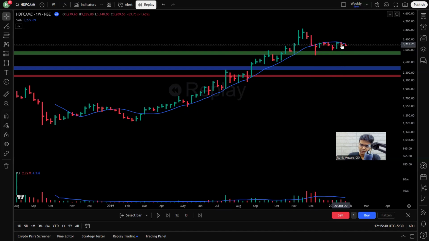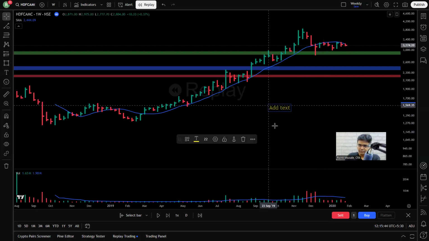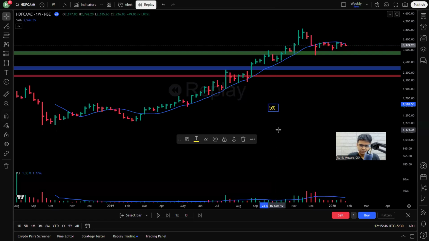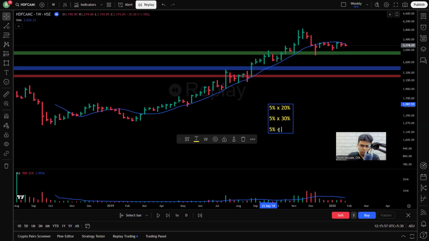So book another 30%. So if you sell here, so let's say on the first 5%, you booked a 20% gain. On the next 5%, you booked 30% gain. And on the next 5%, you booked roughly another 30%, right?